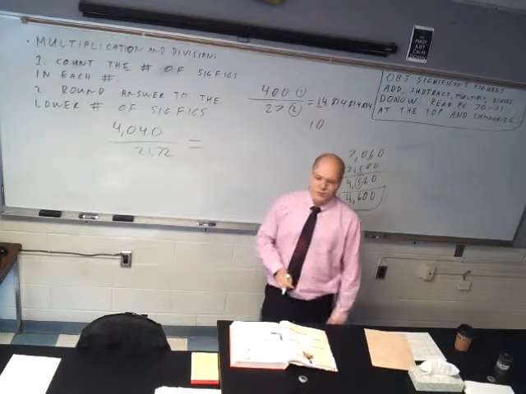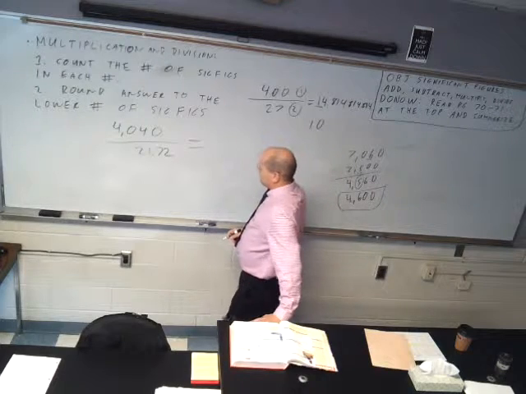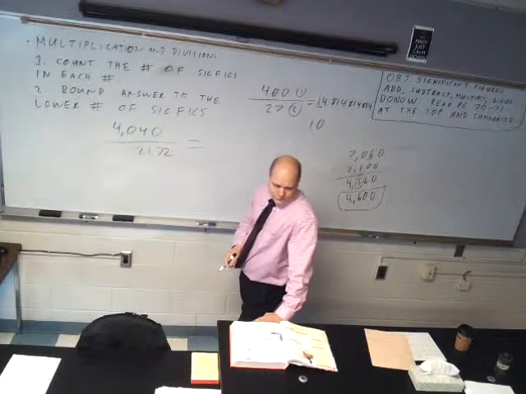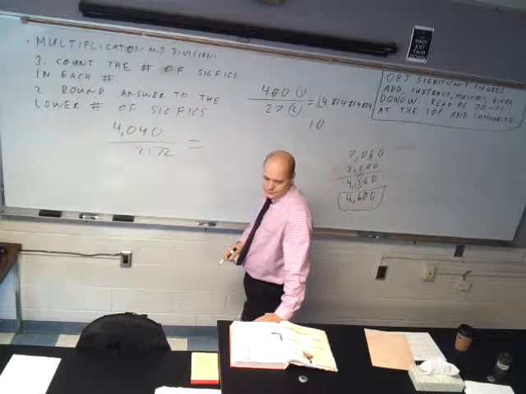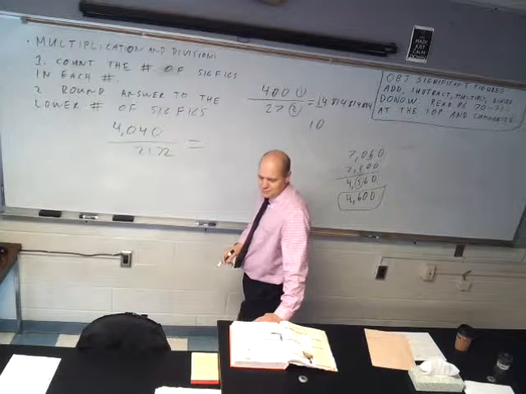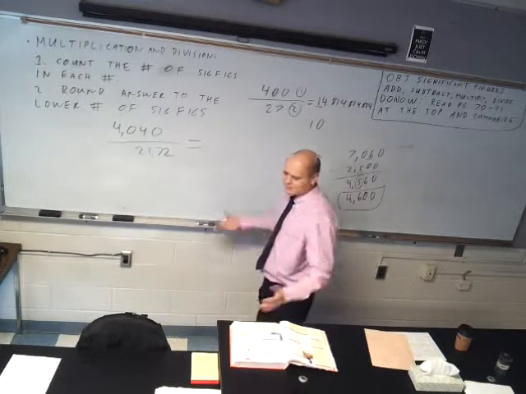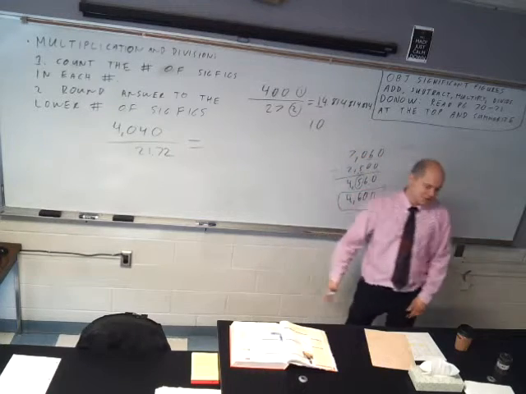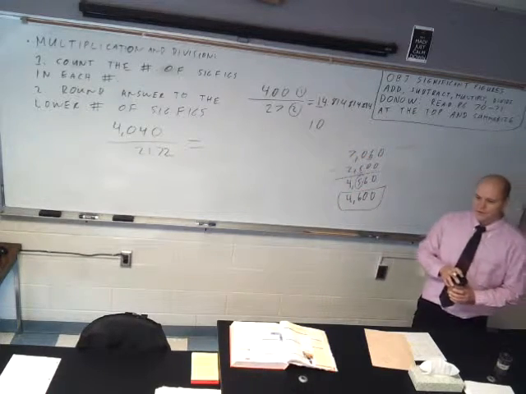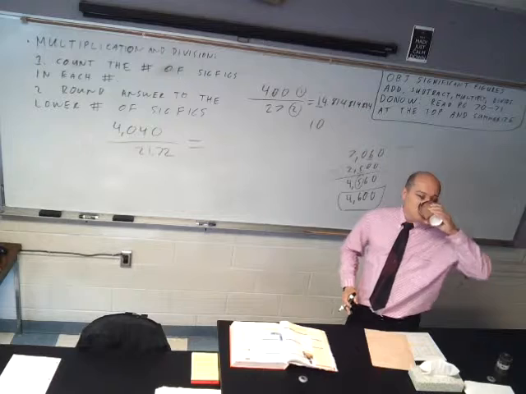The answer should be like 20 something. What's the answer? You should have a calculator out by now. Can I get my phone out? Just stand right in front of her.